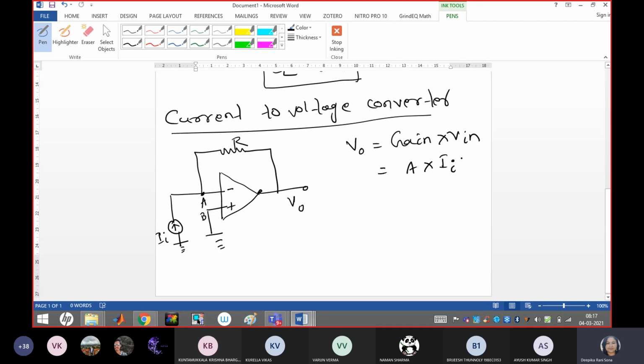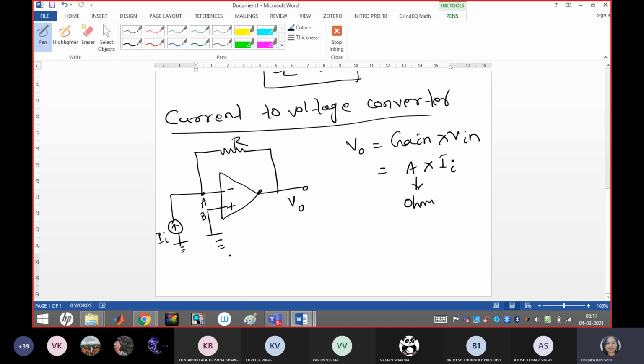You just consider the gain to be in ohm. If we replace this gain with ohm, we have to consider this as the trans-resistance amplifier, because we have to place the relationship V equal to IR.